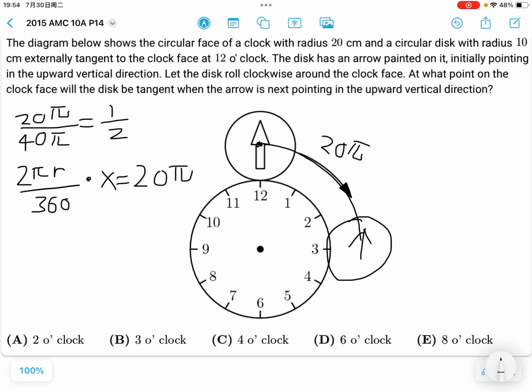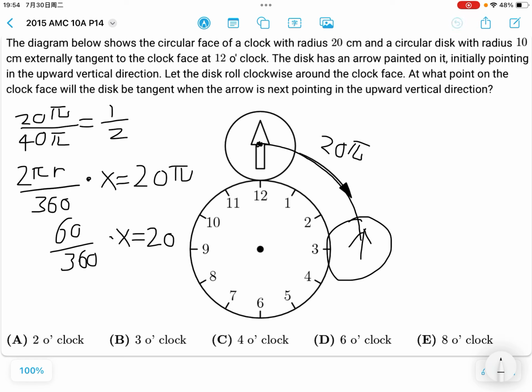Let me divide both sides of the equation by pi. I have 2r over 360, so I can plug 30 in, so I have 60 over 360 times x is equal to 20. So I divide both sides by pi and I substitute r equals 30 in.